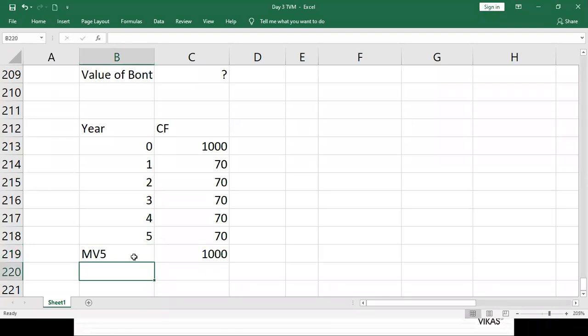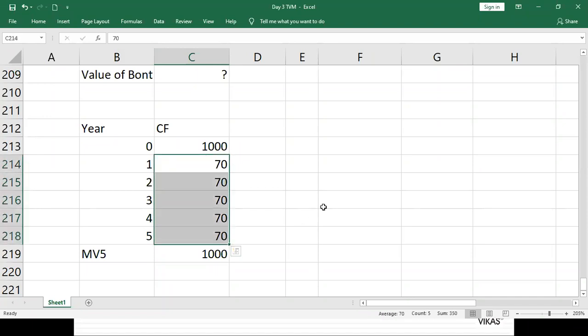So at the end of the 5th year, you will receive 1,000, which is the maturity value, and 70 rupees is interest. Now, are these 70 rupees present value or future value?